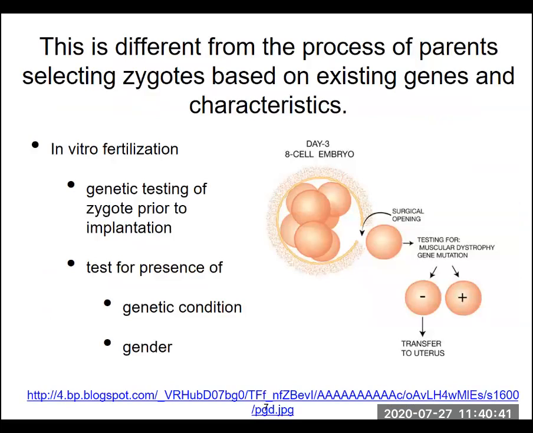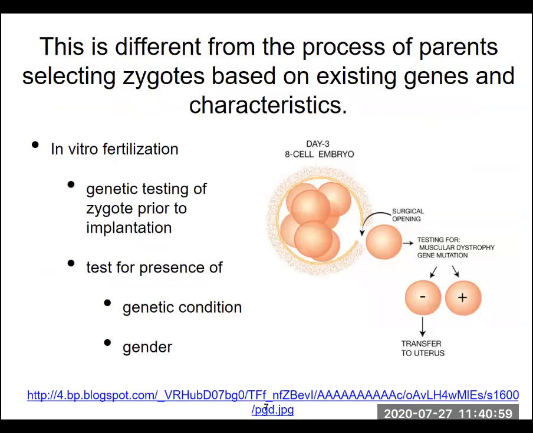And so this is very different than the existing process of in vitro fertilization, where parents may go through the normal process and produce a half dozen or a dozen embryos, but then they may screen those embryos for the presence of a genetic condition.